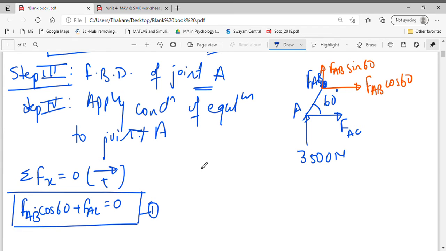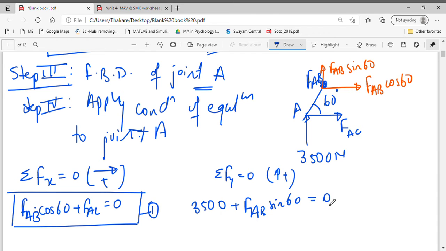We have another condition of equilibrium, which is summation of forces in y equals to 0, considering upward acting forces as positive. We know that VA is acting in upward direction, so this 3500 will be positive, plus FAB sine 60 equals to 0.